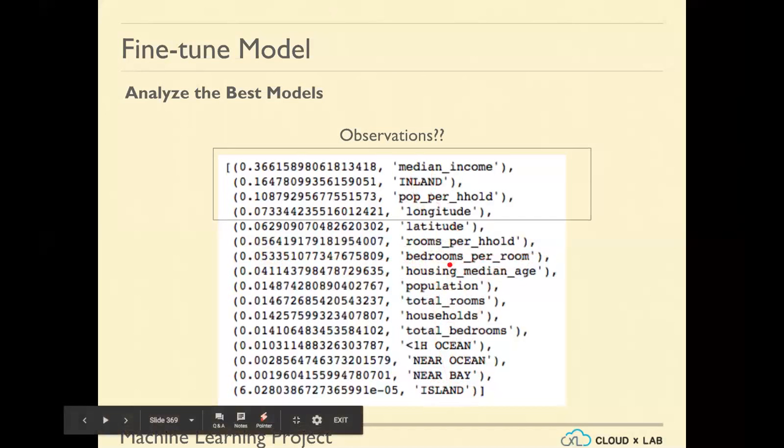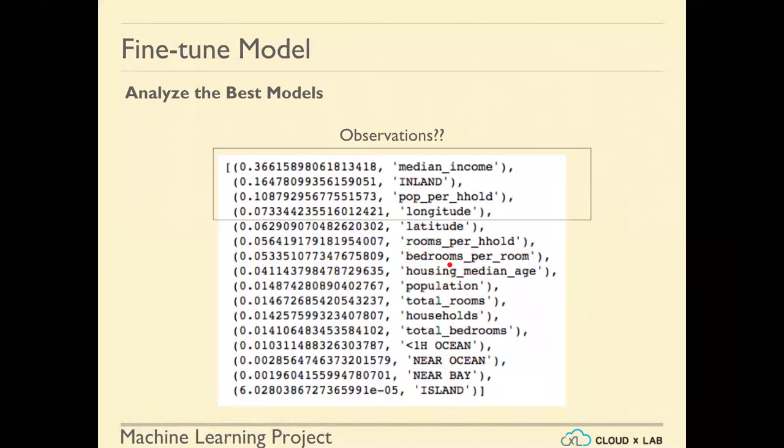Now coming back to the question: can there be a case where a derived feature is more important than any of the basic features?